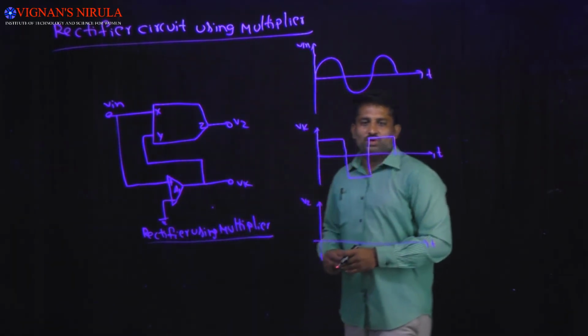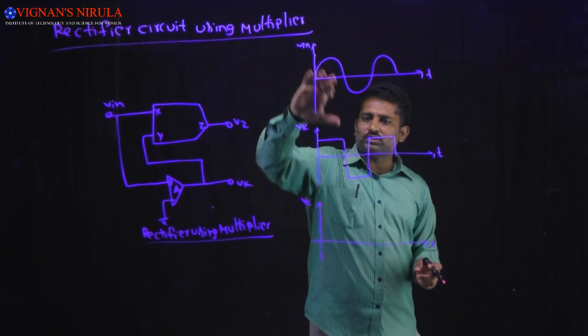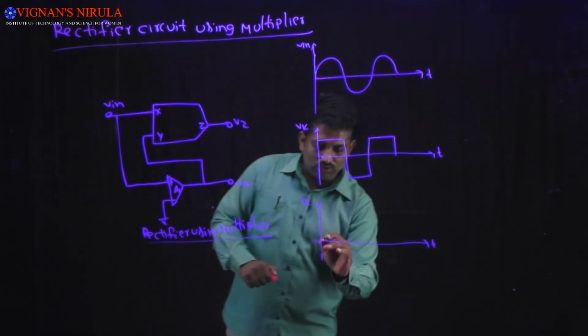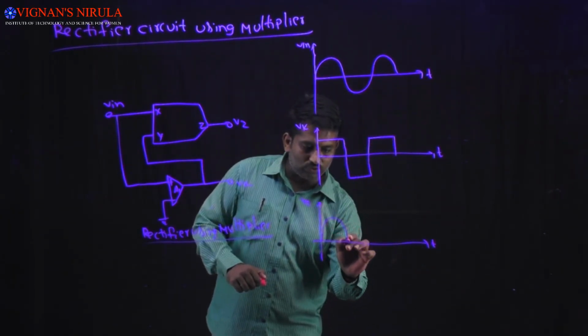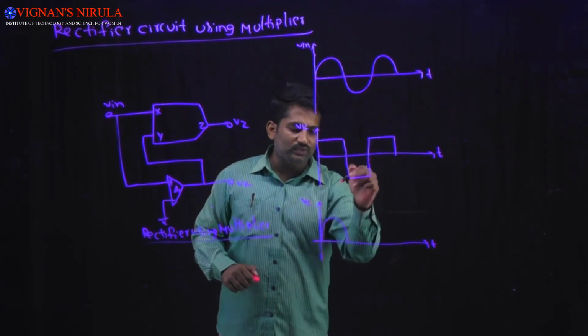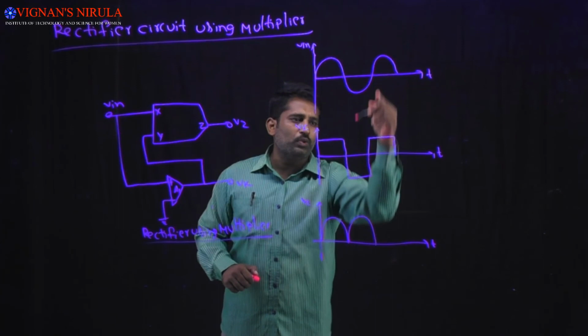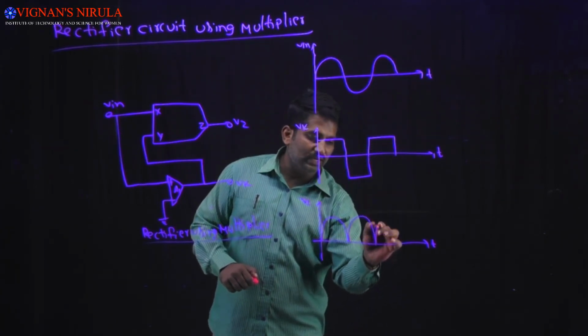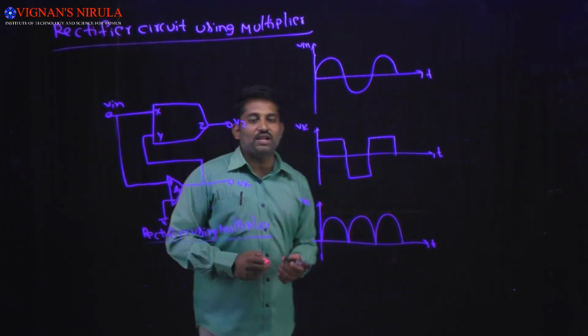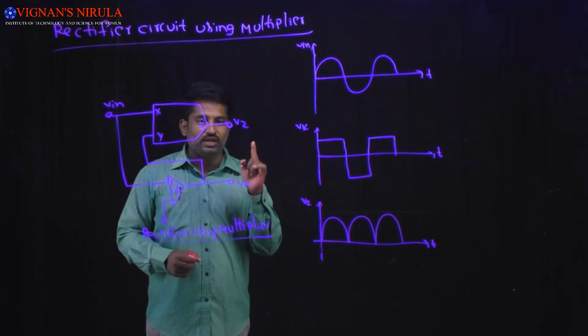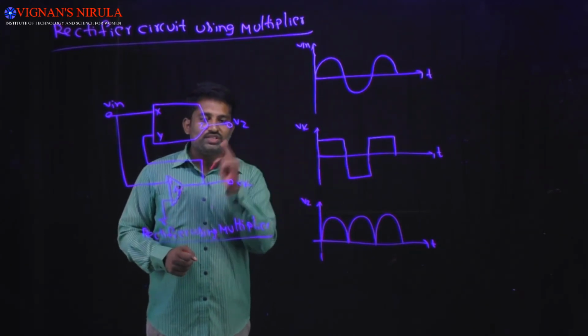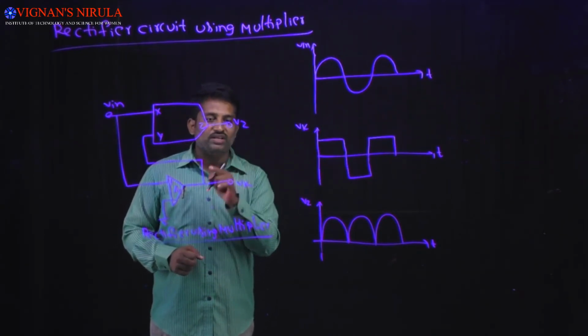If we multiply a positive value with a positive value, obviously we get a positive value, and a negative value with a negative value, we also get a positive value. Again positive with positive gives a positive value. That's why I told you that the multiplier used in this case is a 4-quadrant multiplier.